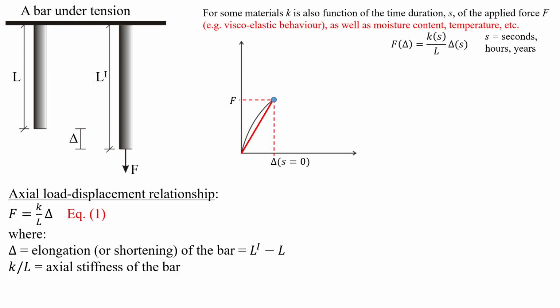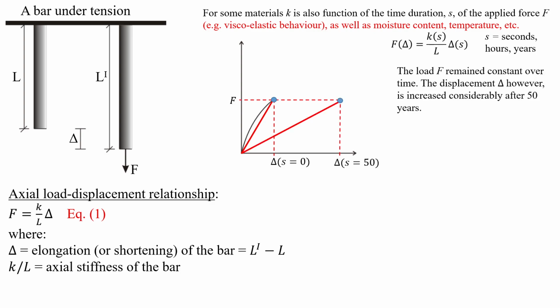Now if I put a load on and leave it for a minute, or an hour, or a day, or a year, or 10 years, what happens over time? Viscoelastic behaviour. It's the same equation, but we've got the unit of time put on. So the load can remain consistent, but over a period of time, you'll see the stiffness will change.